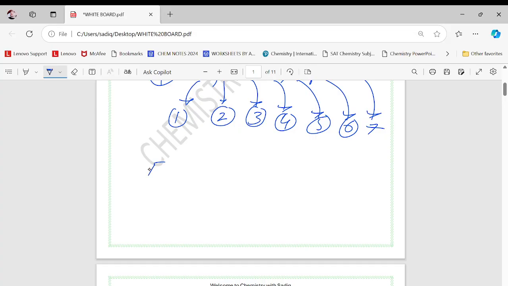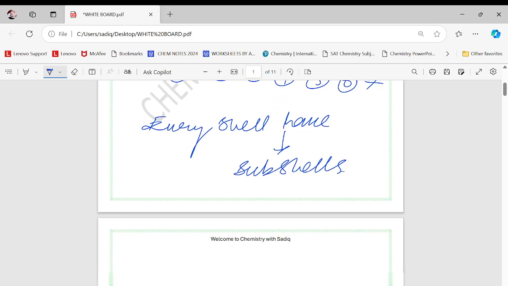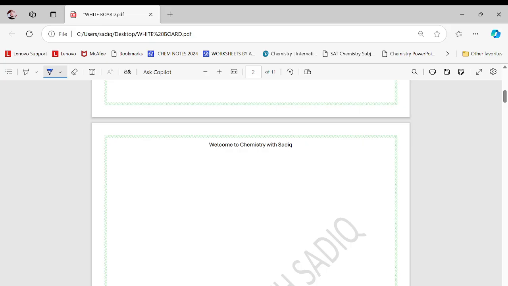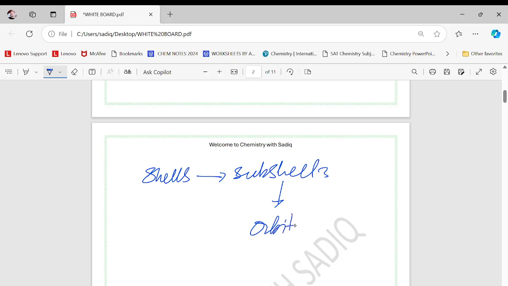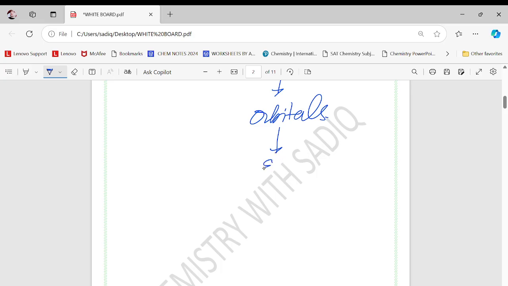So every shell has subshells. Shells have subshells, subshells have orbitals, and orbitals have electrons in them.